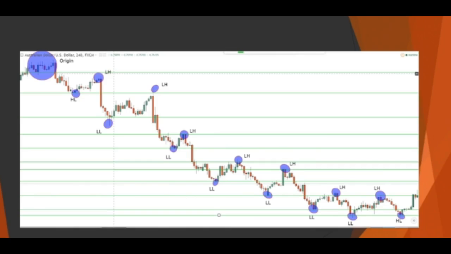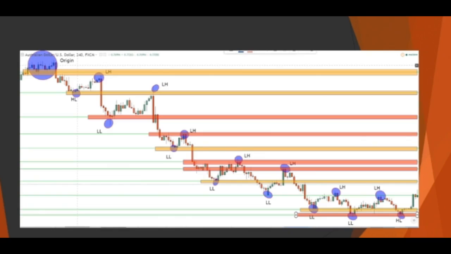So once we've identified these key levels of support and resistance, we move into our S&R levels. Color code them. Now that we've started to color code them, you're probably starting to get a glimpse of why I'm color coding the way I am. Multiple hits in one direction constitute a red.